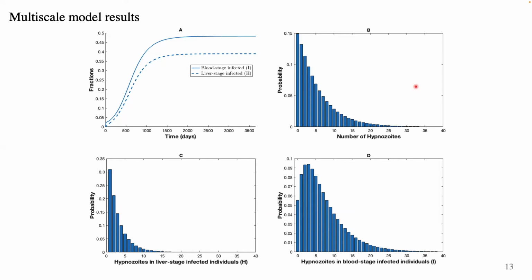In addition to the conventional results, our model can provide the hypnozoite distribution. That means the probability of having different numbers of hypnozoites within the liver. On the top right is the overall hypnozoite distribution. The bottom left shows the distribution given that they are liver stage, meaning the individuals in the H compartment. And the bottom right is the distribution in the I compartment.